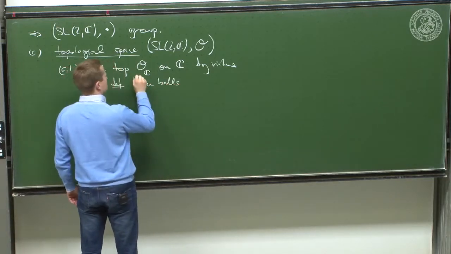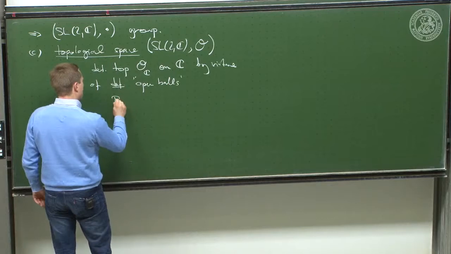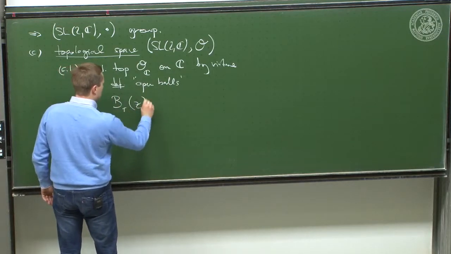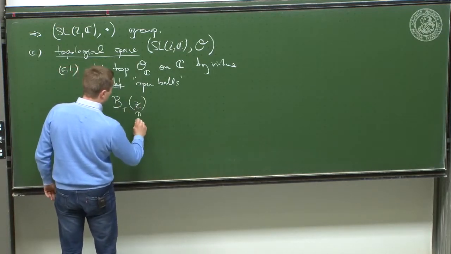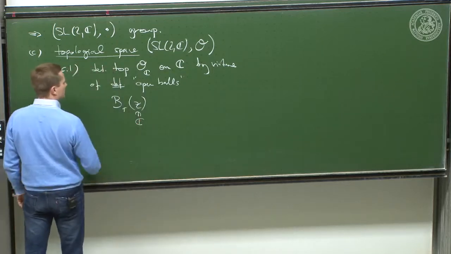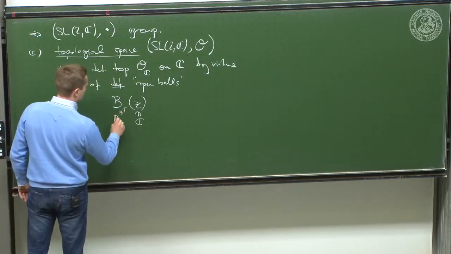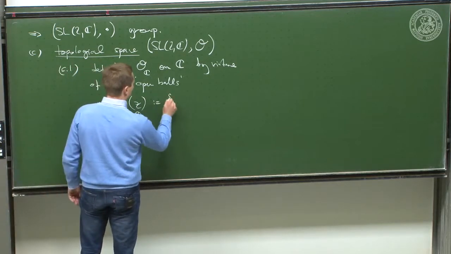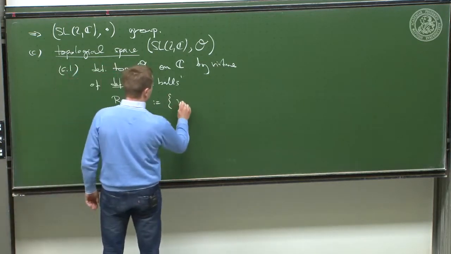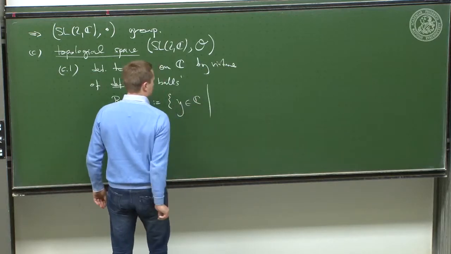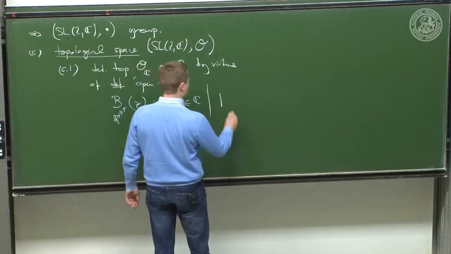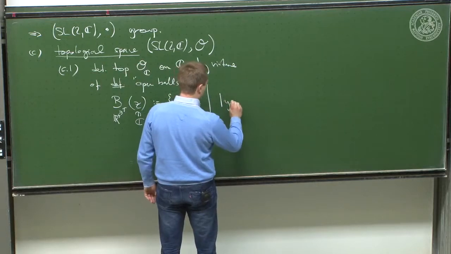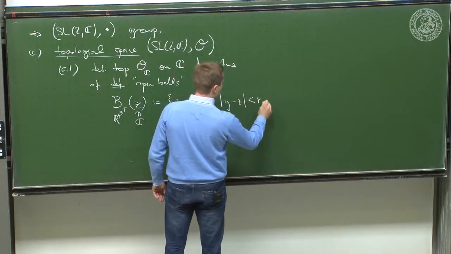Open balls, well, that's just the name. The open balls B sub r, but now of a point z in the complex numbers, and the r is still in R plus. And here we take simply all the complex numbers y for which it's true that the absolute value of y minus z is less than r.